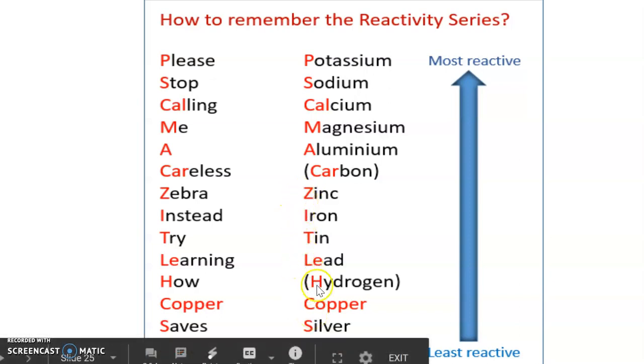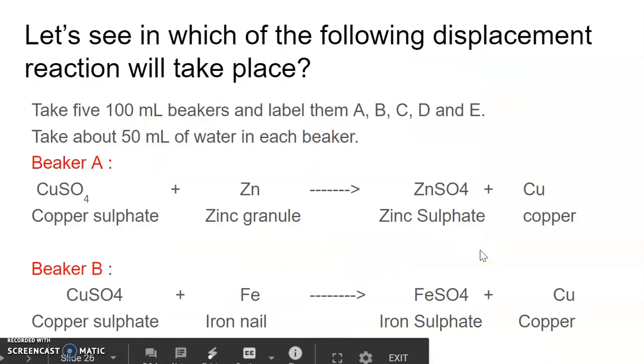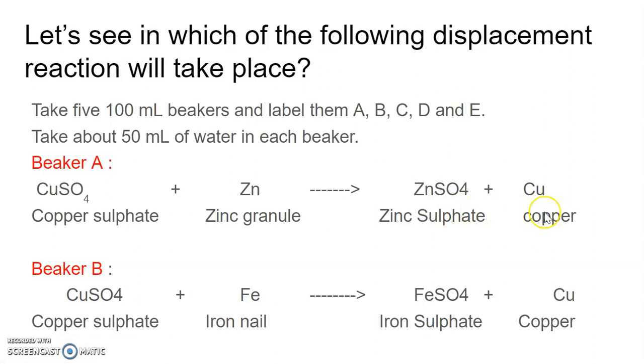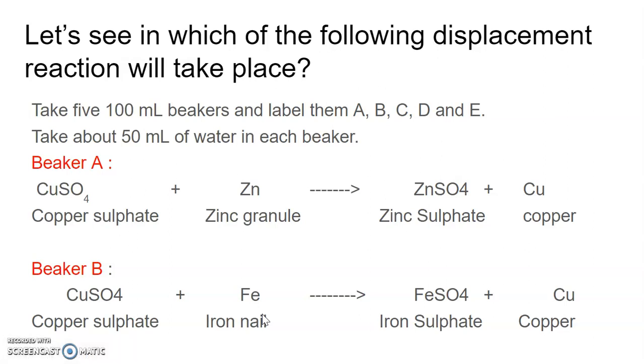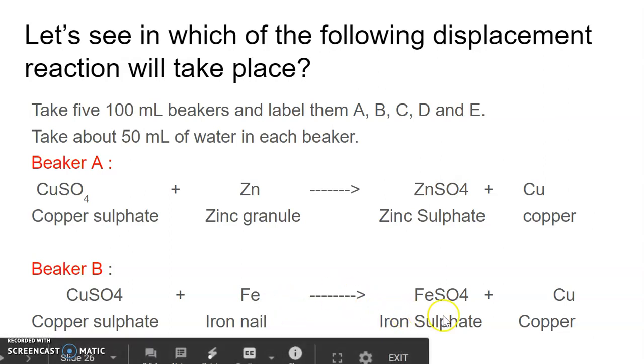So zinc displaces copper from its compound and forms zinc sulfate plus copper, right? In beaker B, we have added copper sulfate and iron nail, right? Will the reaction take place? Yes, we have already discussed this reaction before. The new compound will be iron sulfate plus copper.